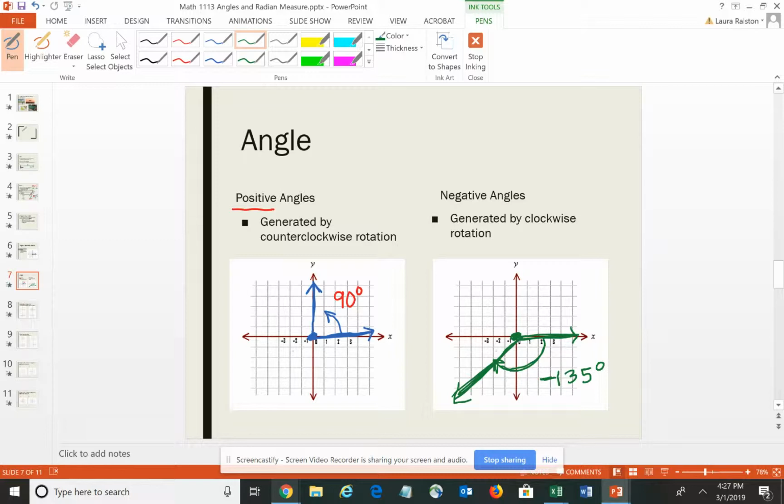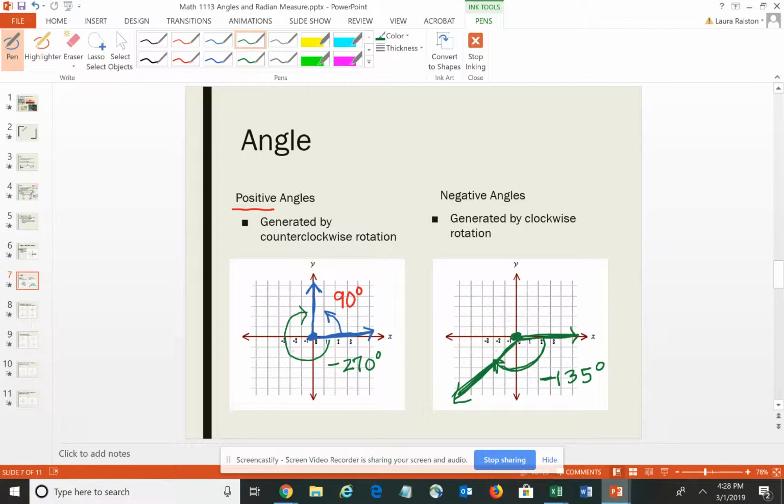135 degrees. So we really would say this is a negative 135 degree angle. Now, if you have a negative angle, you need to realize you can also have a positive angle. Because, for example, if we have the positive angle of 90 degrees, had I rotated that the other direction, that would also be the angle negative 270 degrees.